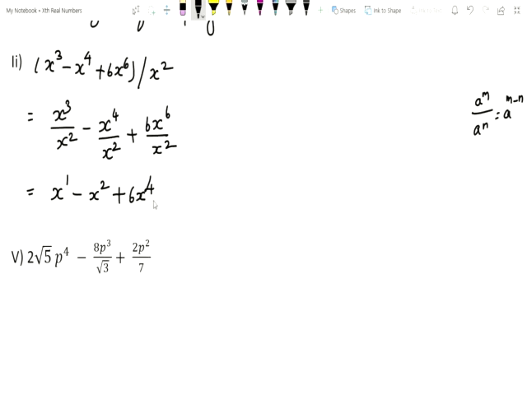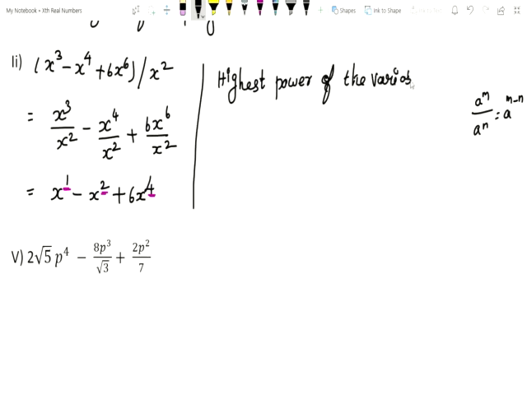Here x is the variable. Now you see the powers of the variable. Here 1, 2, 4. In this, which is the highest power? 4 is the highest power. So the highest power of the variable is 4.